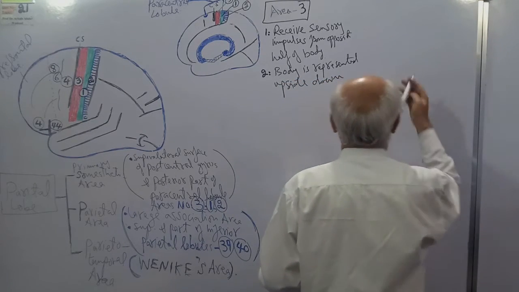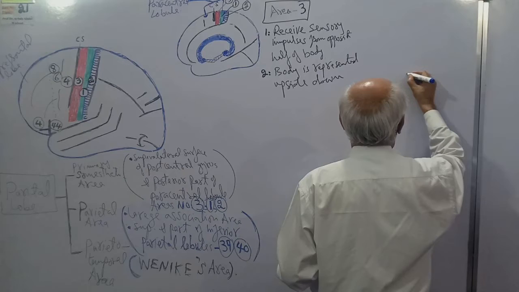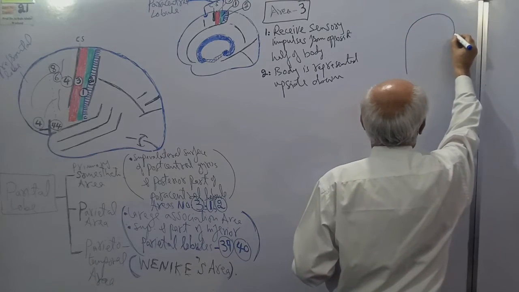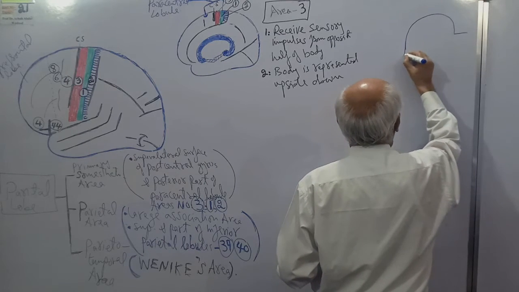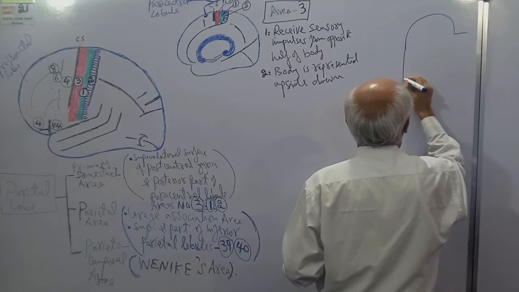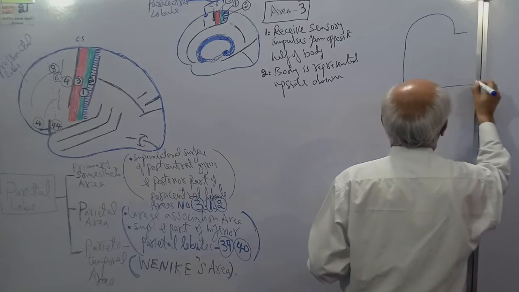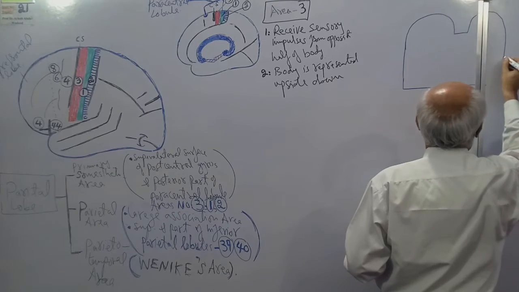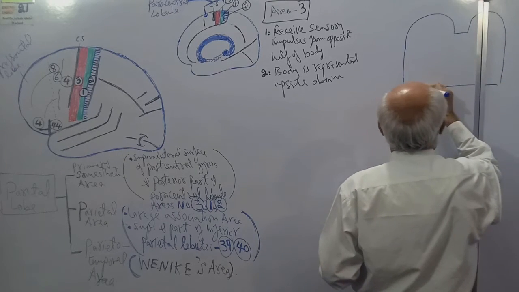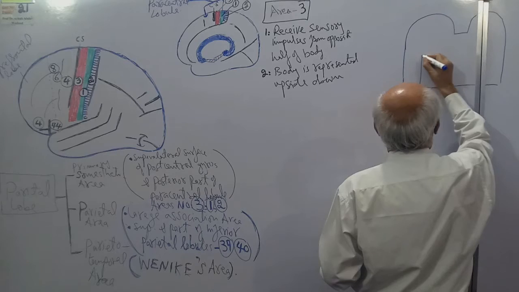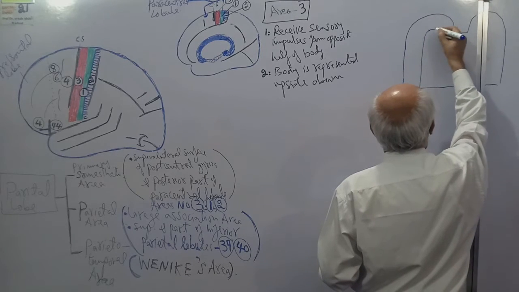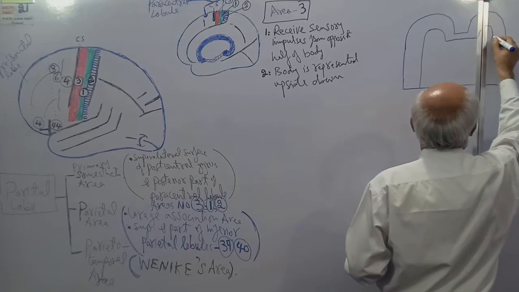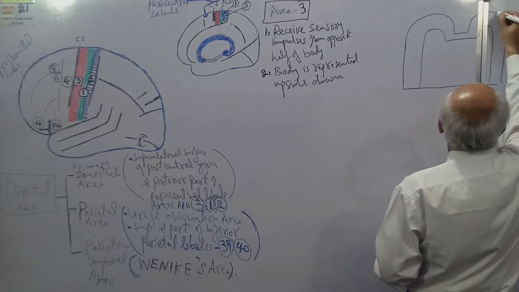For example, if we cut a section of the cerebrum, this is the right cerebral hemisphere, and this is the left cerebral hemisphere. Outside is the gray matter, the cerebral cortex. Inside is the white matter.